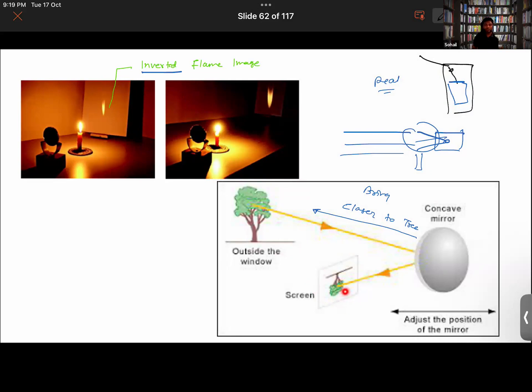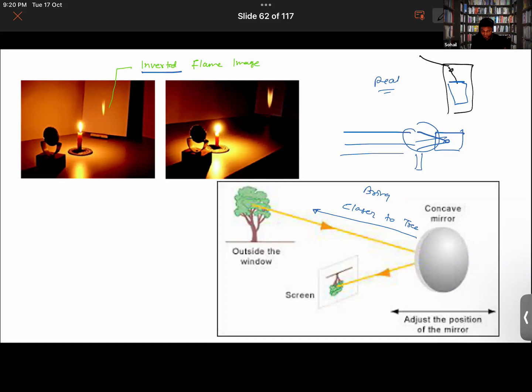The answer is no. It will be upright. The image will be formed, but it will be in erect position, and it will be a virtual image. You cannot obtain that on a screen. Yes, getting it or not? Yes, sir.